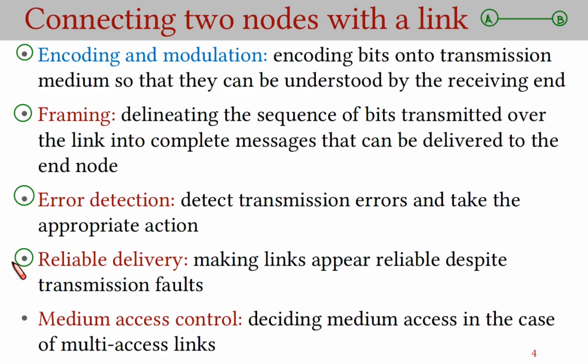That is, we need to make links appear reliable despite these transmission faults. And lastly, medium access control that applies to multi-access links. Remember, multi-access links are shared among several nodes, and therefore we need to decide which nodes get access to the medium in the case of these multi-access links.